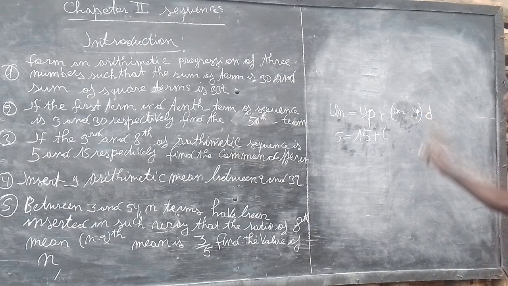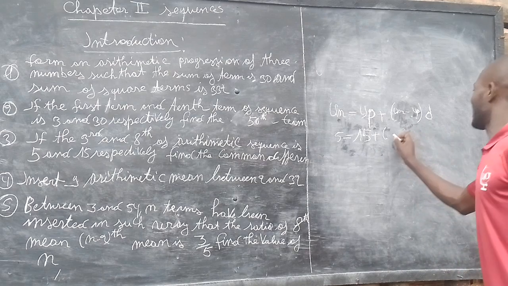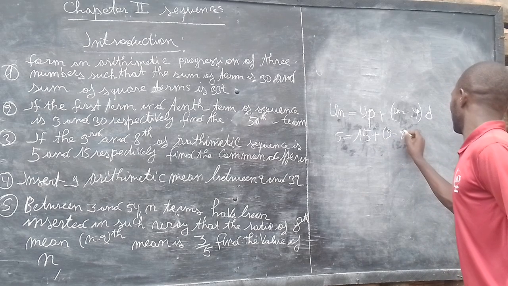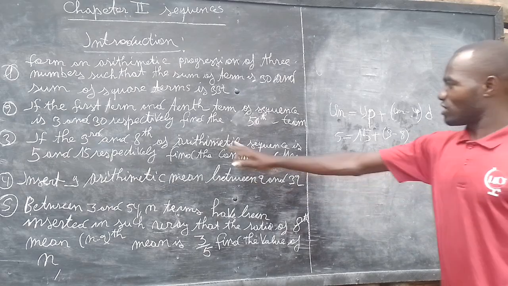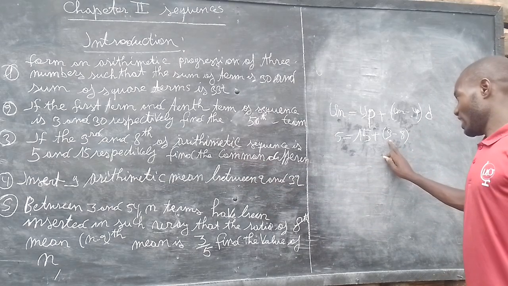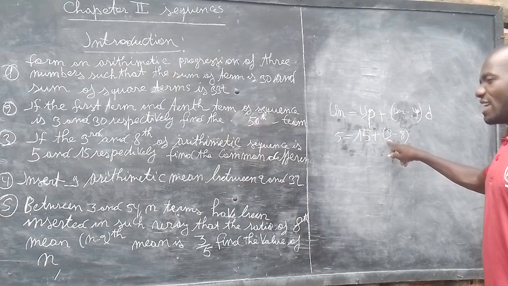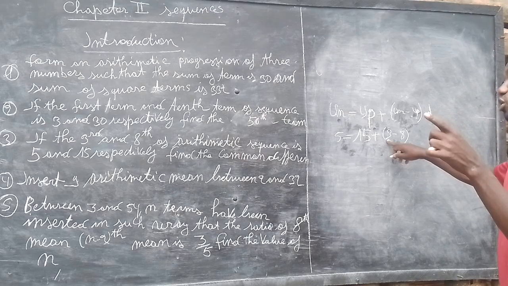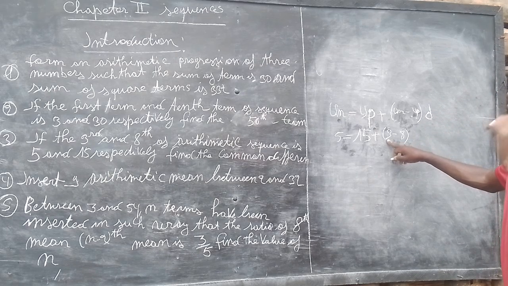Here, this is up. We have a 3 minus 18. As you see, this is the place value of the term number. You take the initial place value of the term number minus the last place value of the term number.